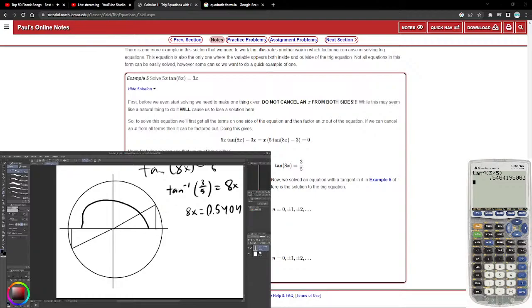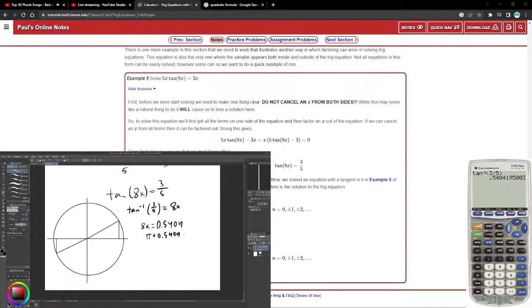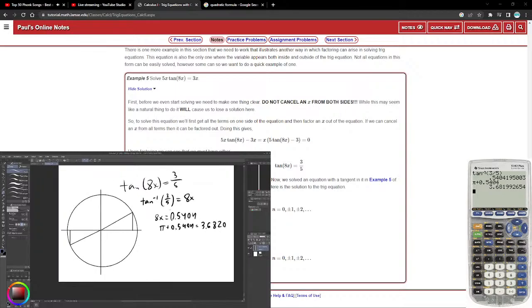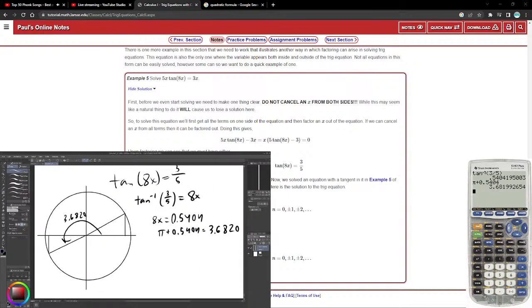So I'm going to take pi plus 0.5404, equals 3.6820, then 0.5404.